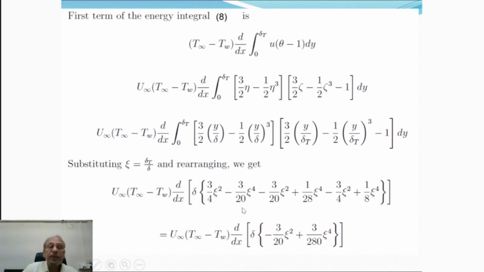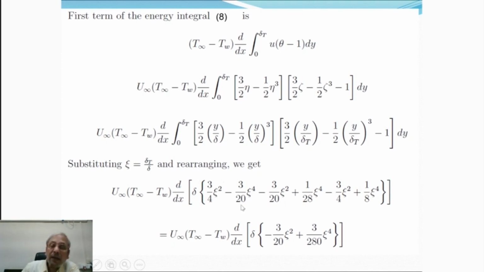In this expression, we have introduced another new variable, which is zeta, and zeta is nothing but delta t by delta. After integration and substituting the upper limit, we get this delta t by delta term in the final expression.